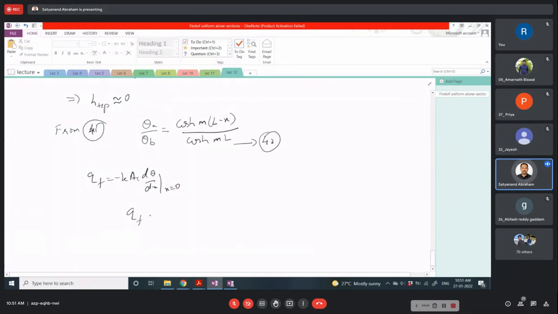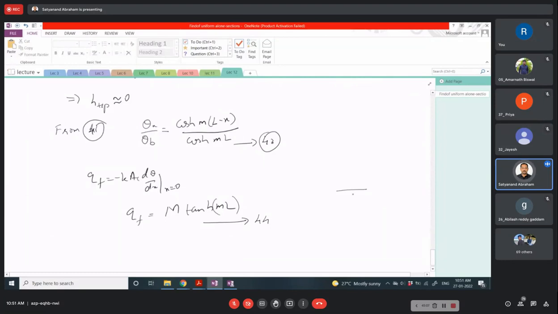Therefore, you can calculate Q is equal to M tanh mL. That is the total heat transfer from a fin with adiabatic tip condition.